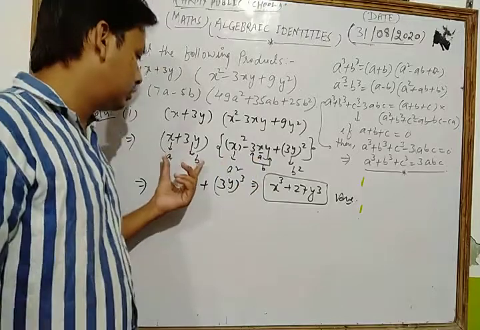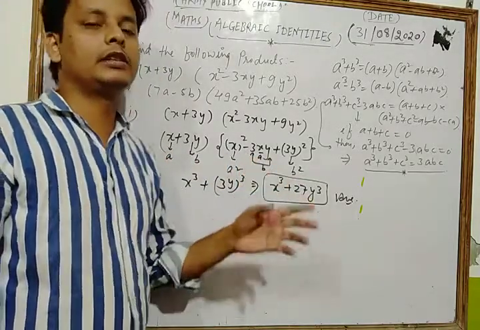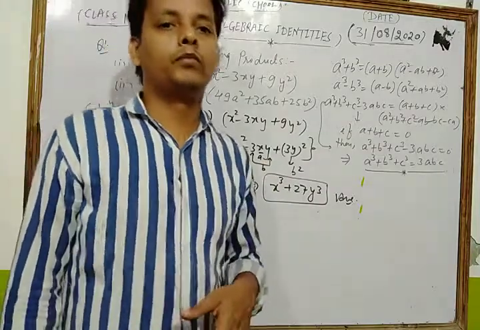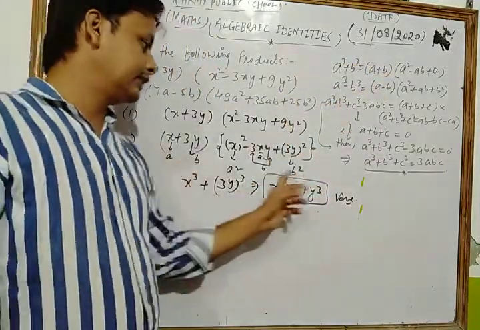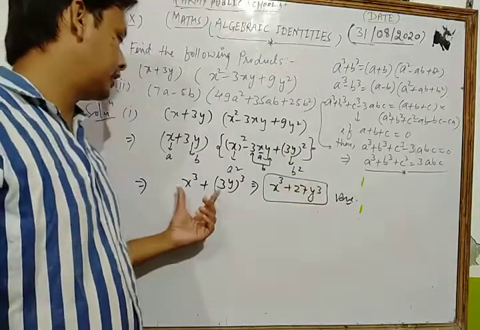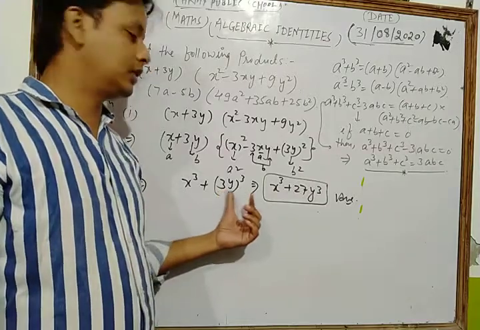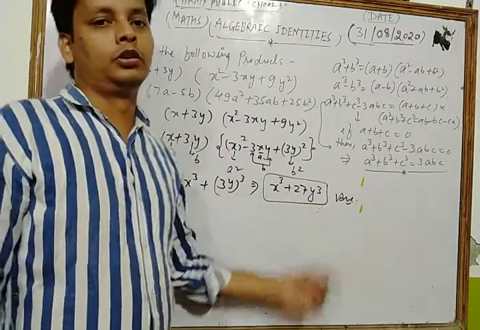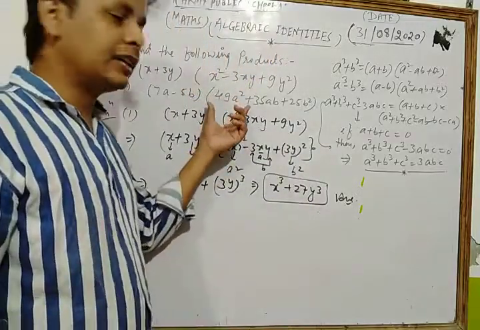Now we look at a plus b, and in another bracket a square plus b square minus ab. So this is a question based on the identity a cube plus b cube. So we can write this algebraic expression as a cube plus b cube, that is x cube plus 27y cube. Okay, so dear students, in this way we can solve the second part of this question.